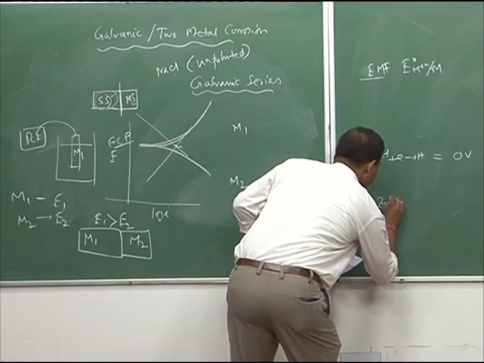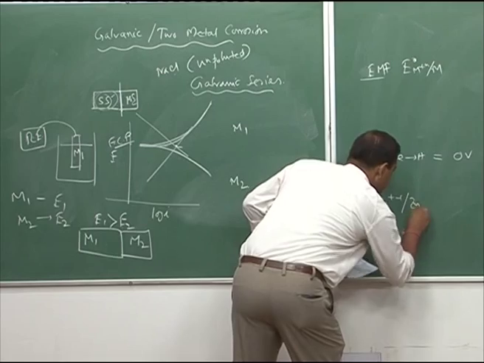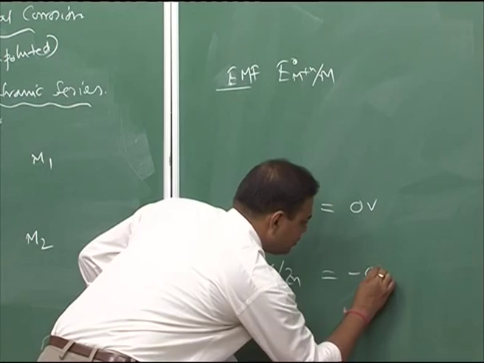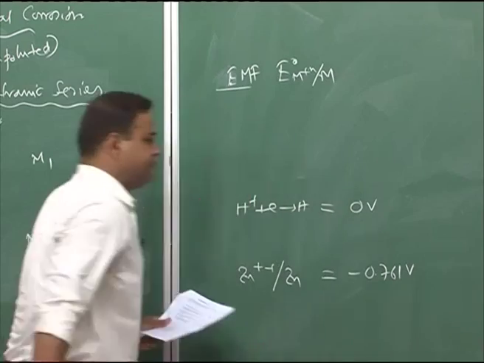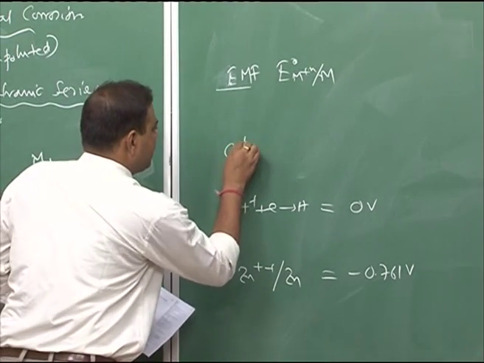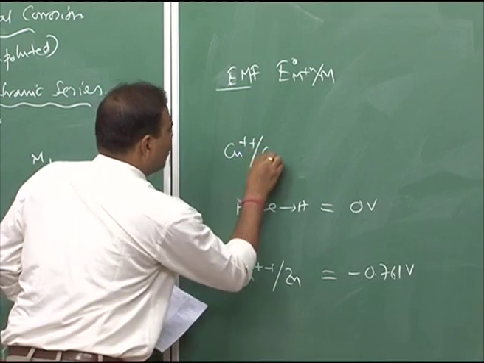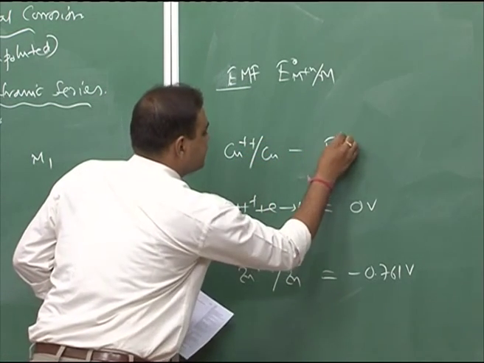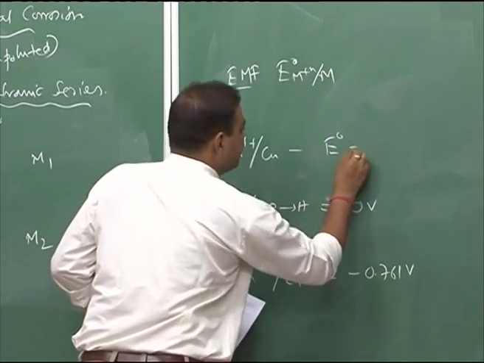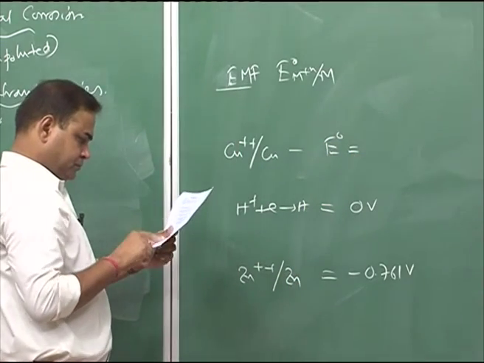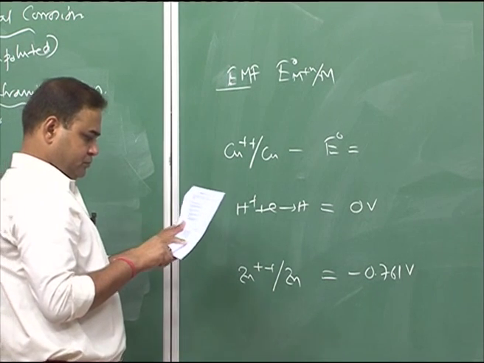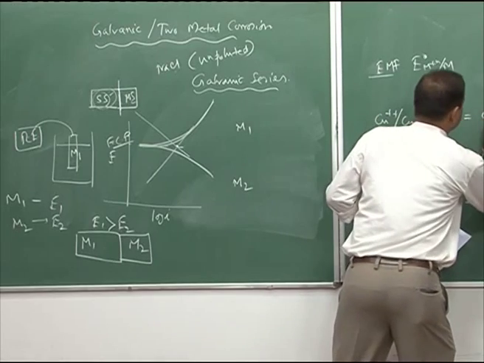And also you can see that for zinc, the reduction potential would be minus 0.761 volt. And if you see copper, there E0 would be equal to plus 0.34.